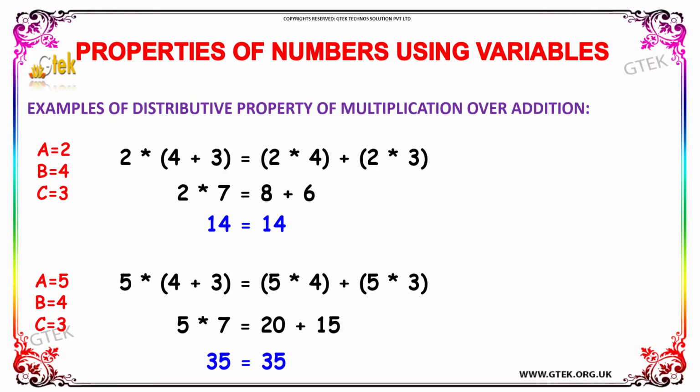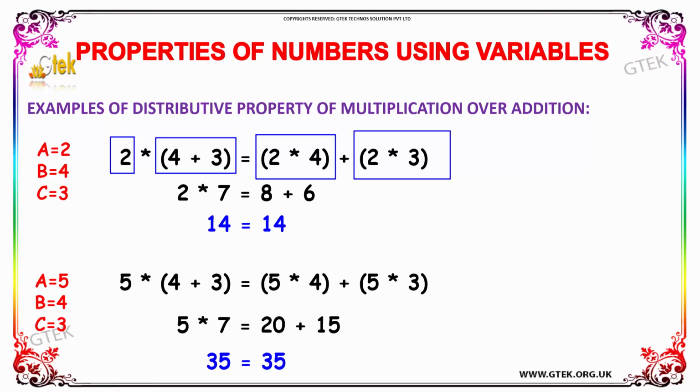If you see some examples for this property, we have A equal to 2, B equal to 4 and C equal to 3. So the value A as 2, which is multiplied by 4 plus 3, that is B plus C, that is equals to 2 into 4 plus 2 into 3. So the 2 is carried to the next step.